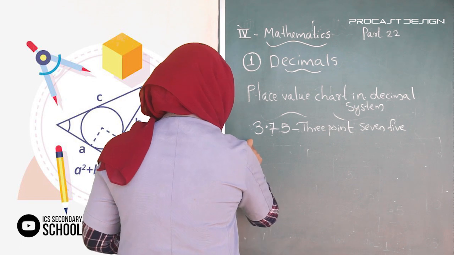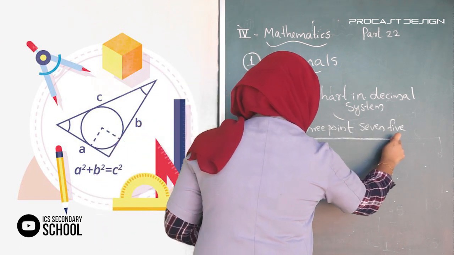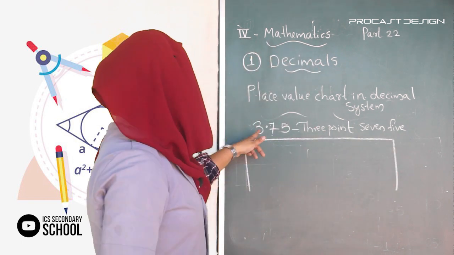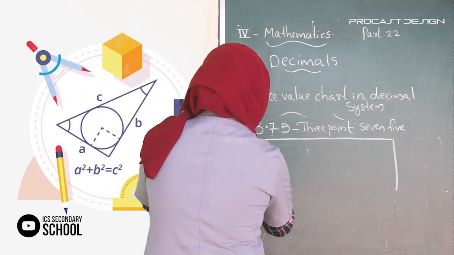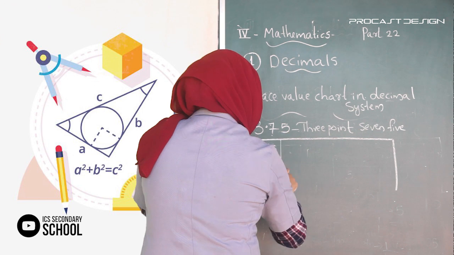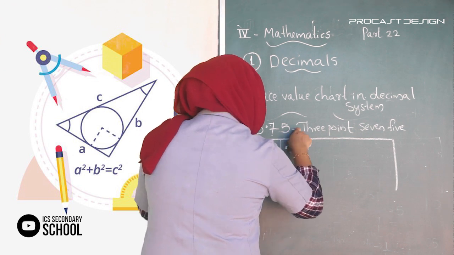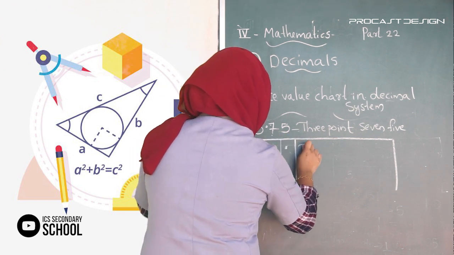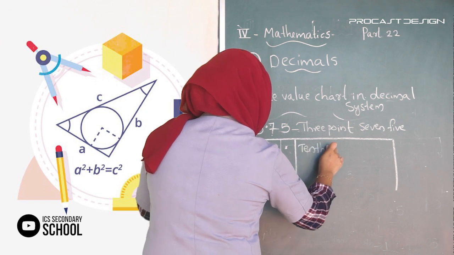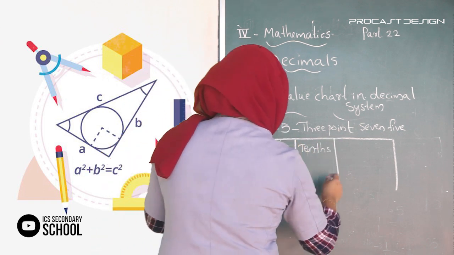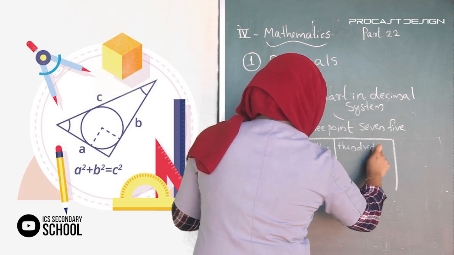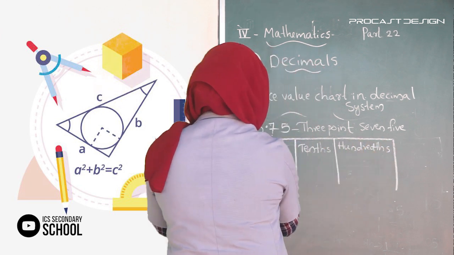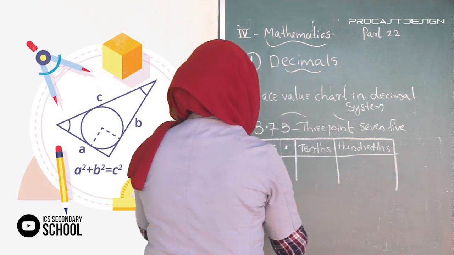So we can arrange this number. How many places are there? Yes, this is ones place, then point, next tenths place, not tens, tenths, next is hundredths. Okay. Now we can arrange these numbers.